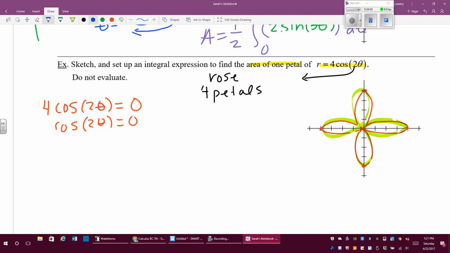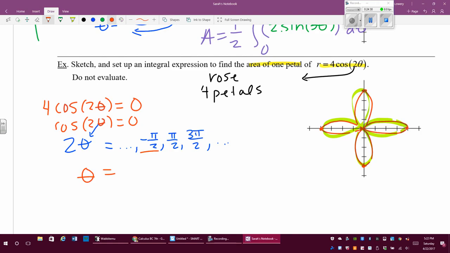So where is everywhere that cosine equals 0? Well, cosine equals 0 at negative pi halves, at pi halves, at 3 pi halves, and other pi halves values. So that means that 2 theta is equal to those solutions. So how do I get theta?